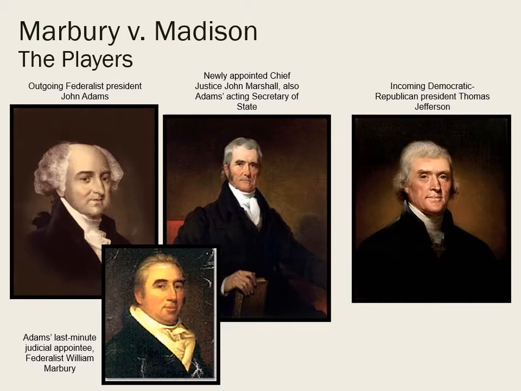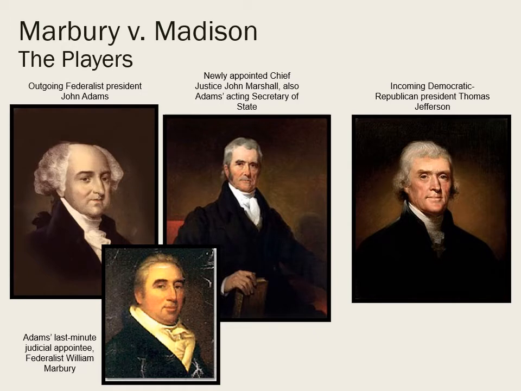Then we had the incoming president, Thomas Jefferson. TJ was a Democratic Republican. Now, you may be aware that Jefferson and Adams engaged in a lifelong debate, sometimes an intense rivalry. They actually died on the same day, which was the 50th anniversary of the signing of the Declaration of Independence.